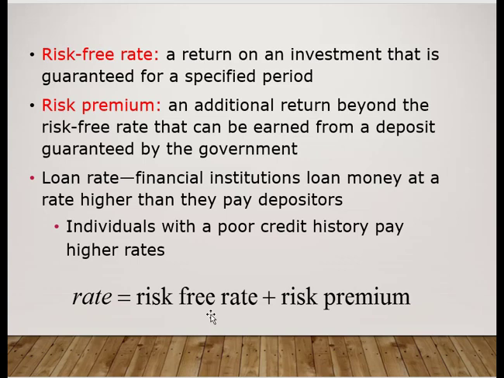Now, this risk premium is dependent on the institution or the company, if it's a loan of some sort that you're trying to borrow, or it could be the risk premium that's associated with a person if they want to borrow. So this risk premium varies based on the economy, based on the instrument, the amount of the loan, the length of the loan, the company or the individual's financial status that's borrowing the money.